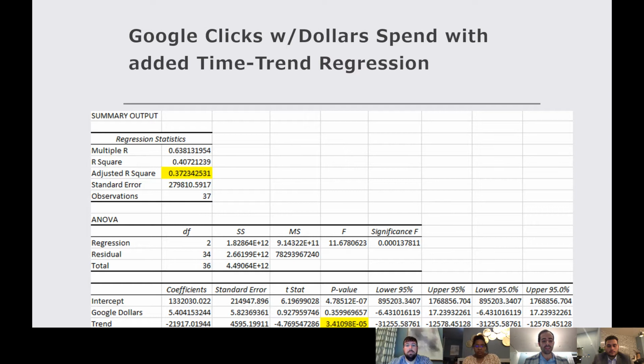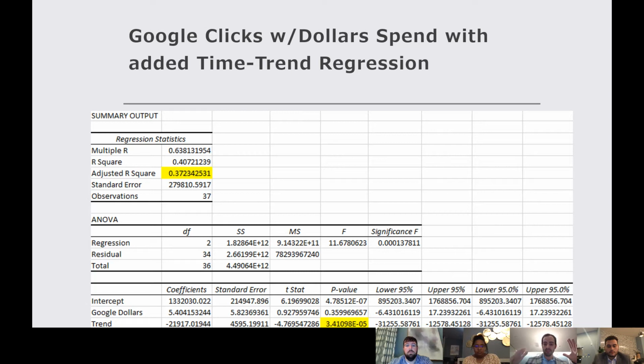Then we look at our explanatory variables. We have 2 in this case, the first being Google Dollars, where again our p-value is kind of high, so this is not significant. But our trend has a very low p-value and it is significant. The coefficient is basically stating that every month that goes by, there's going to be a decrease of 21,917 clicks.